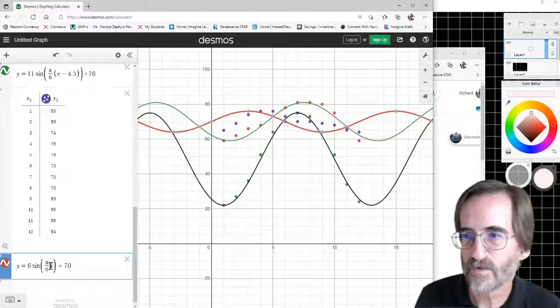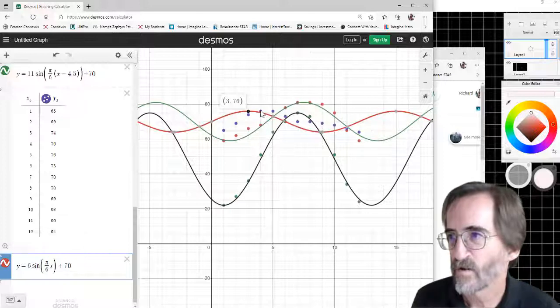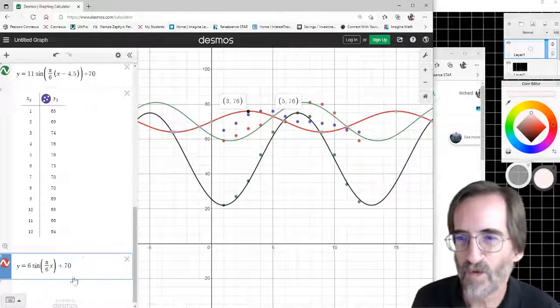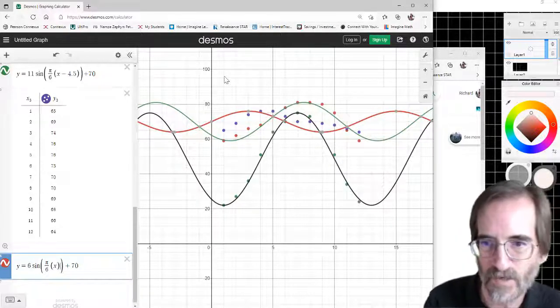And phase shift. Our peak seems to occur here. Now this phase shift is going to be really difficult here. Our peak seems to occur here, 76, so only 1.5 to the right. So we've got a little bit of a decision to make here.